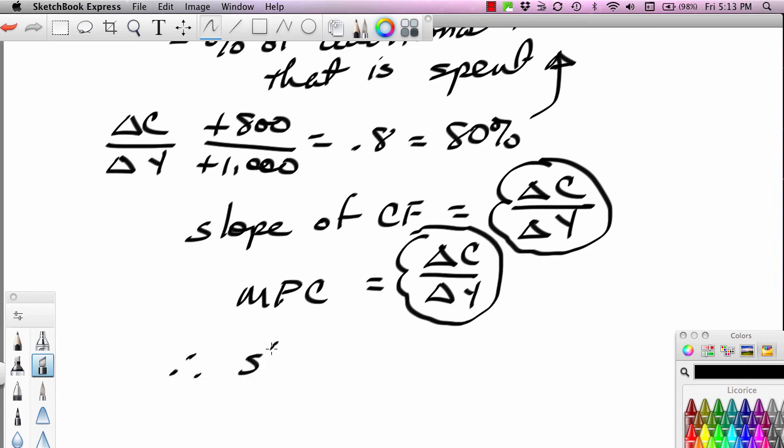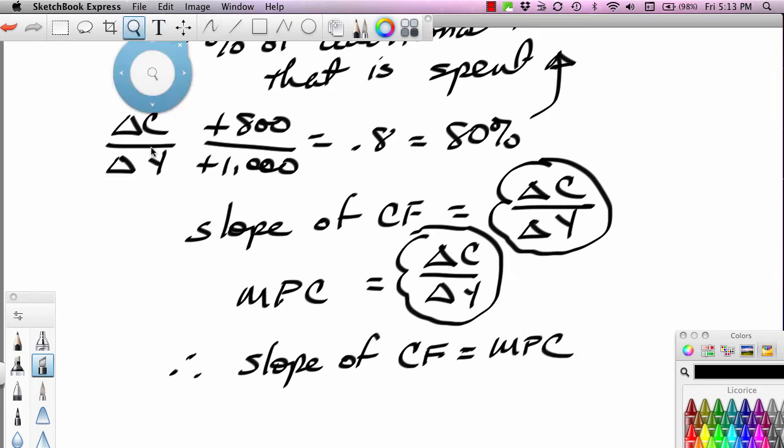Therefore, the slope of CF equals MPC. So let's go back up to our picture.